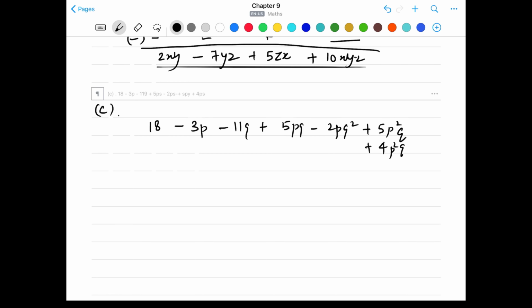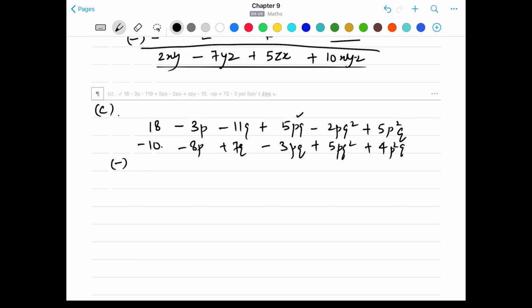Then we have minus 3pq, pq term is here, so we'll write minus 3pq. Then we have plus 5pq square, so that will be written here, plus 5pq square. Then we have minus 8p, that will be written here, and we have plus 7q, that will be written here, and in the end we have minus 10, that should be written here.